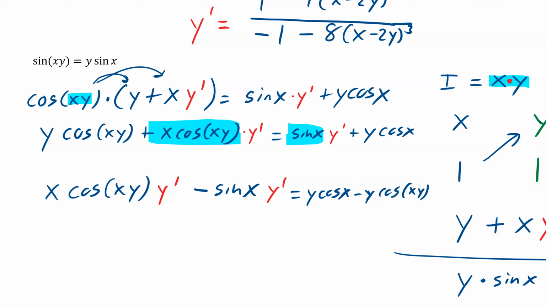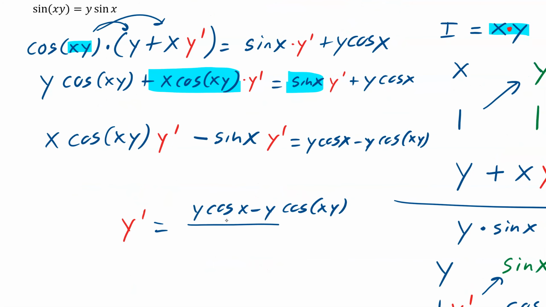That's an x. That's an xy. All right, so then again, y prime equals, and this is our numerator, and this is our denominator. So y cosine x minus y cosine xy over x cosine xy minus sine x. And the more you do these, the quicker you will get at them.